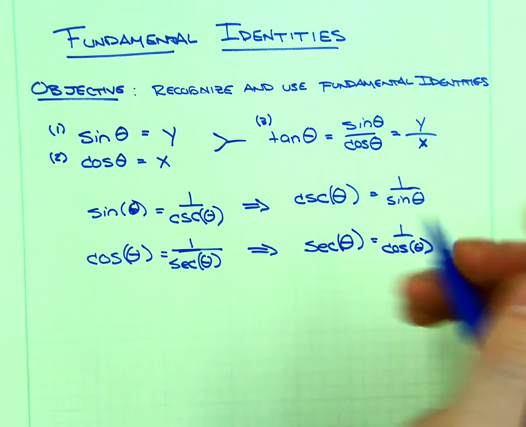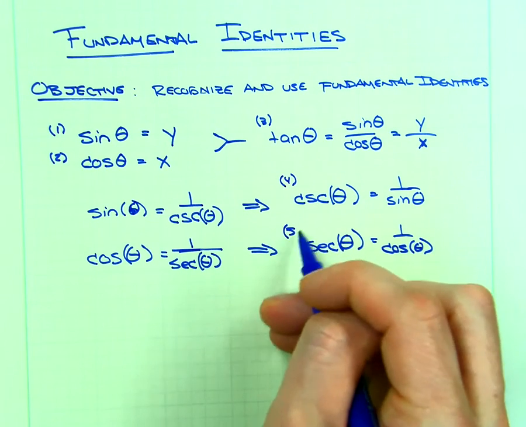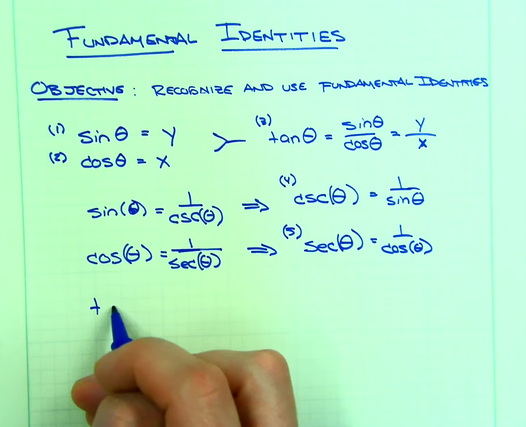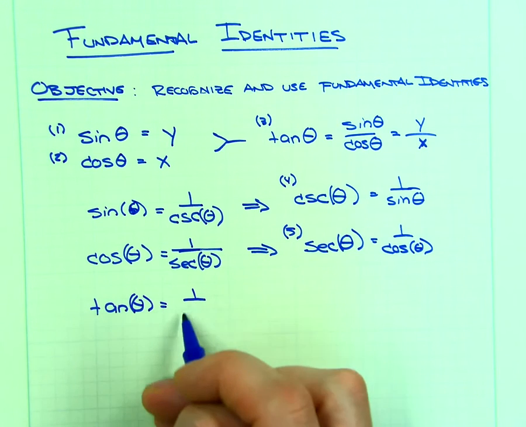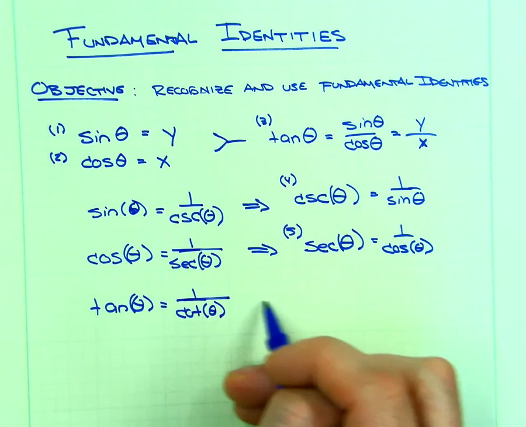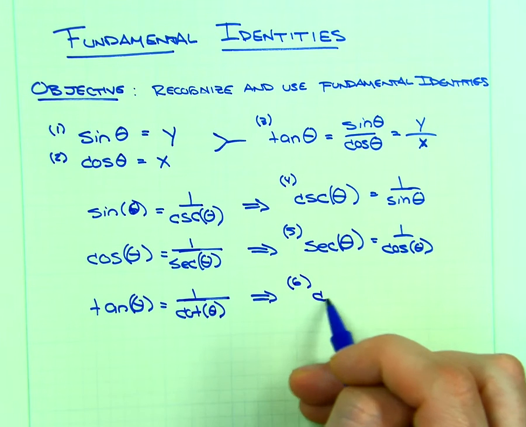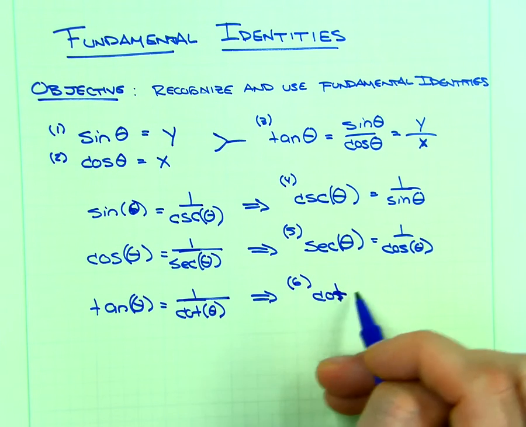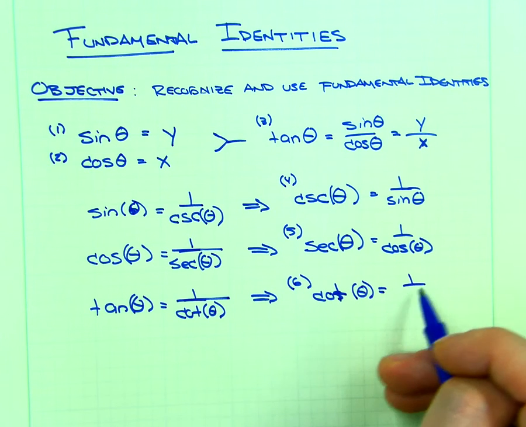And this is going to be my 5th identity. And my last one is the tangent of theta, 1 over the cotangent. Or, for my 6th and final identity, the cotangent of theta is equal to 1 over the tangent.